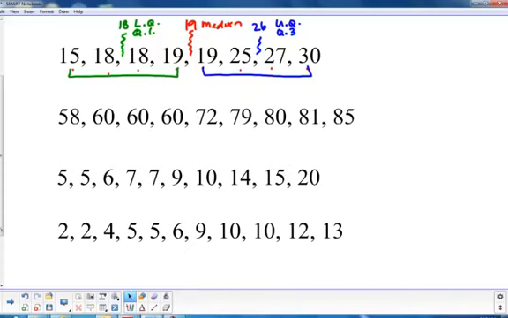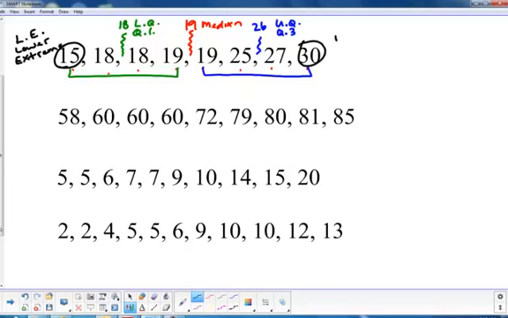And then the smallest number is your lower extreme, and your biggest number is your upper extreme. So we would make our box and whisker with that data, which we'll do momentarily.